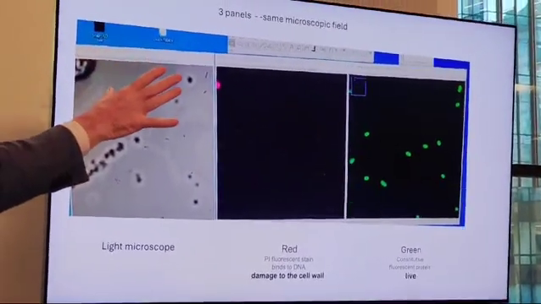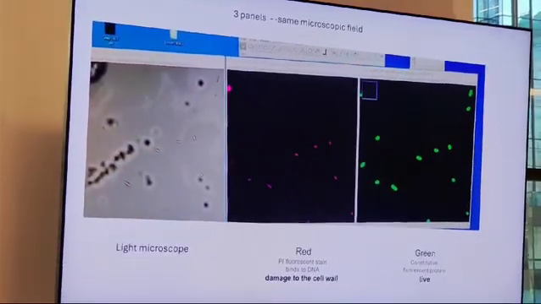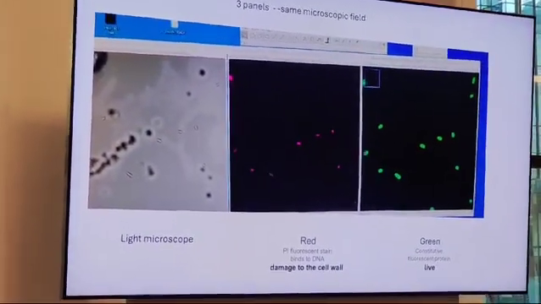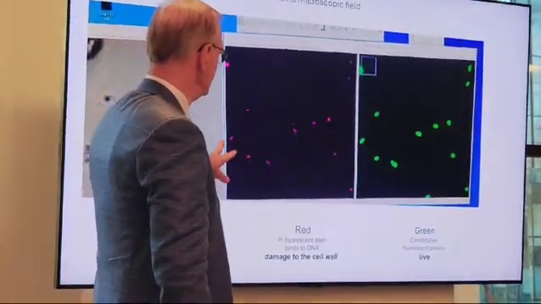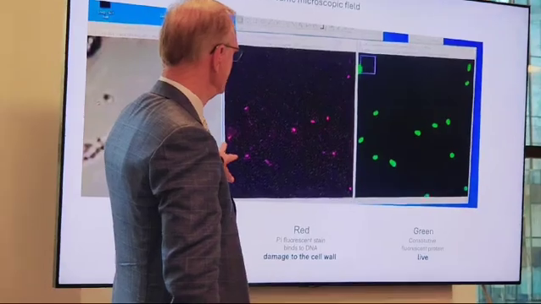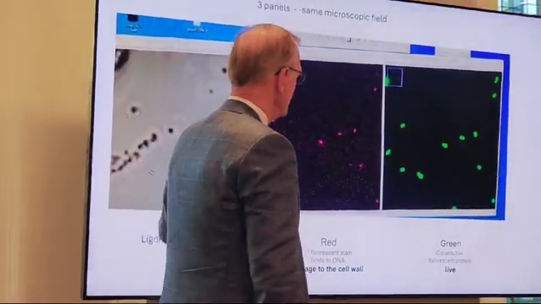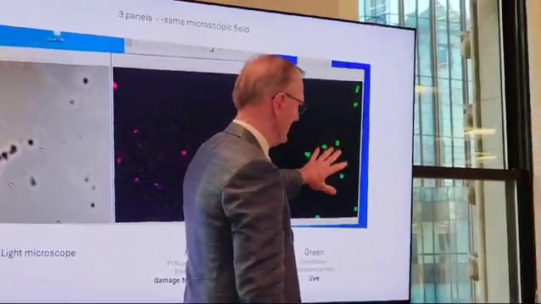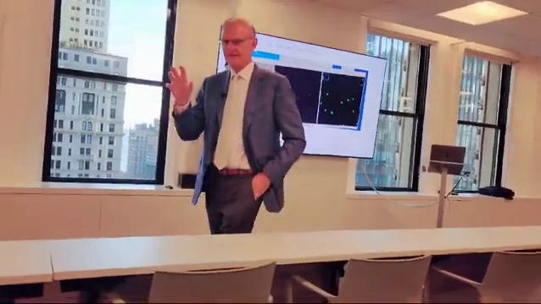See the green ones there? That's a live bacteria. Okay, so let's look at these things. These bacteria were floating around, and all of a sudden they got fixed.